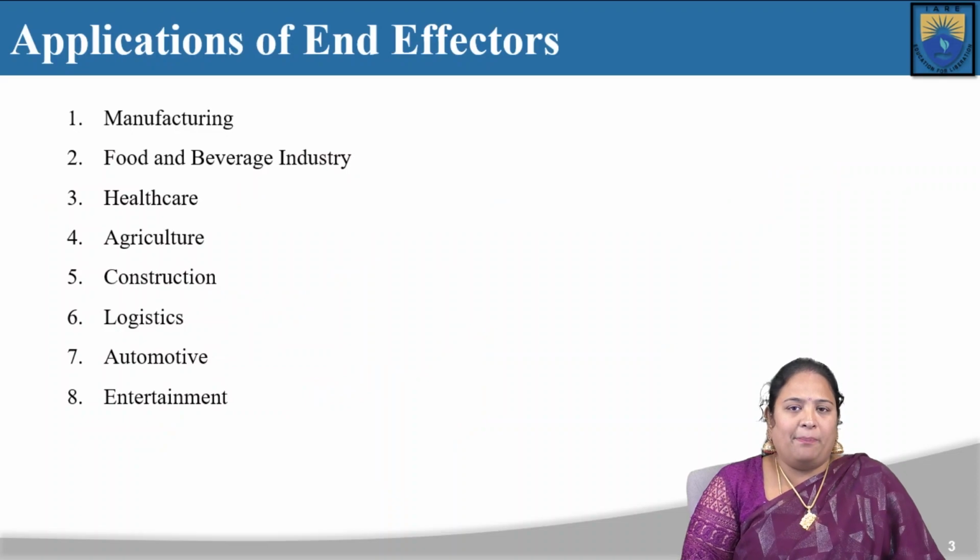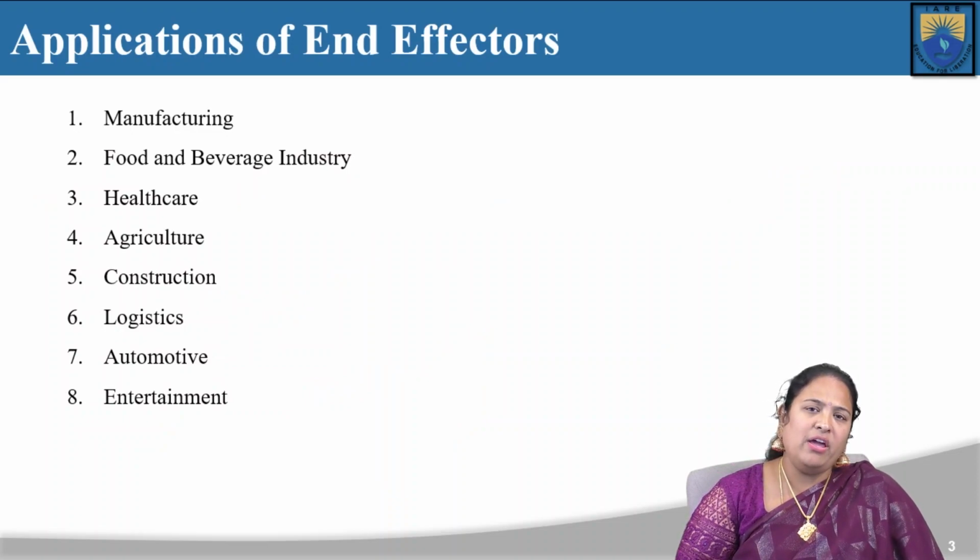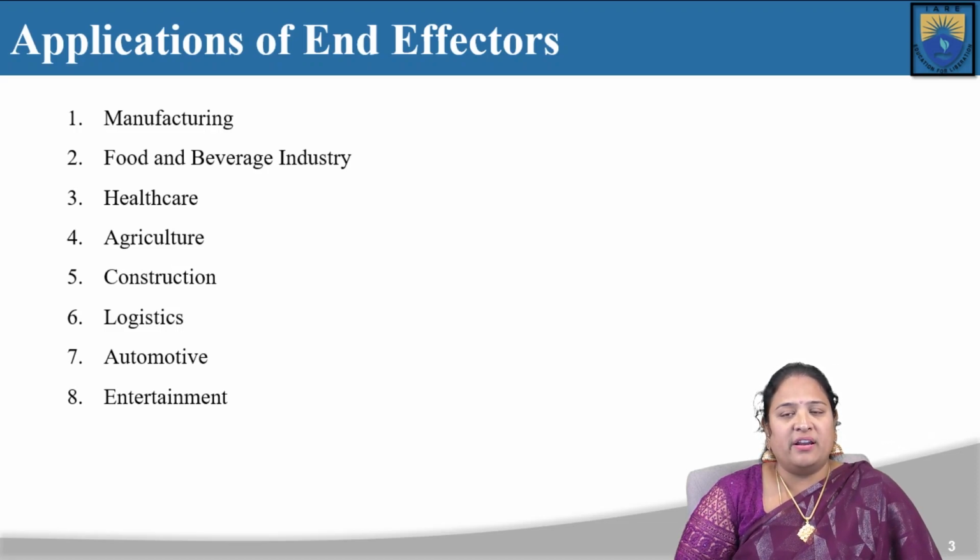Next, moving on to the applications of the end effector. Where all can we use this end effector? What are the various applications where we can use these end effectors? As we all know, the robots are generally used in manufacturing industries, in food and beverage industries, in healthcare sectors, in agriculture, in automobile, in constructions or in entertainment.